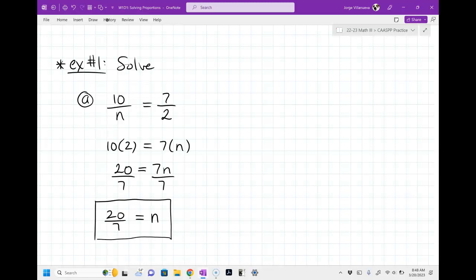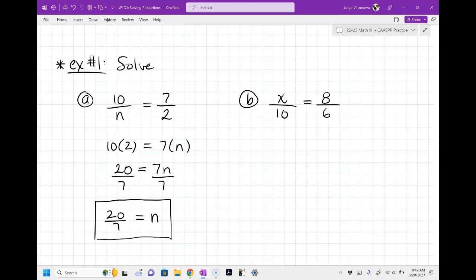Let me show you one more. Again, these are the easier ones. So let's say they give you x over 10 equal to 8 over 6. Sometimes students will ask me, can I reduce on the right side, 8 over 6, before I do my multiplication?